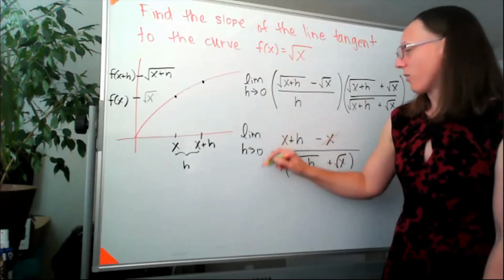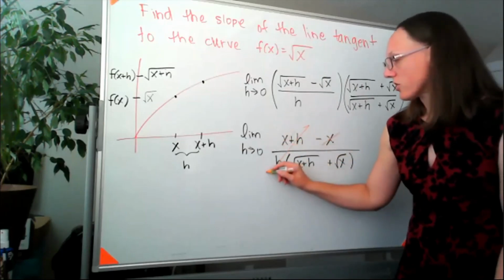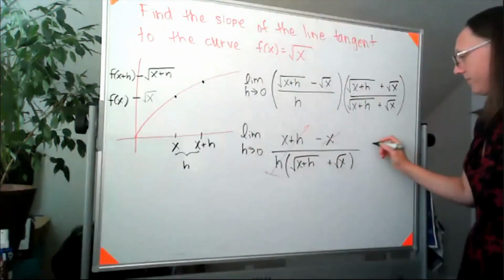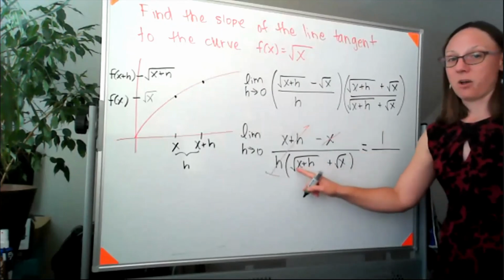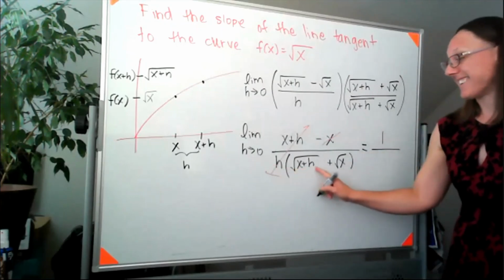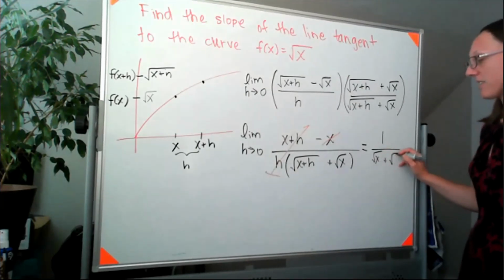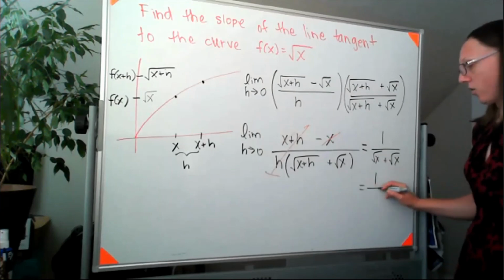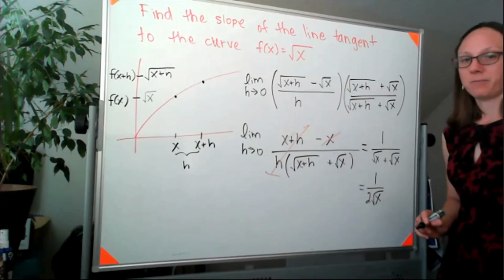These cancel out. I have h over h, which is going to give me a 1. So I have a 1 in the numerator, and in the denominator, I'm ready to plug in 0 for h to get the square root of x plus another square root of x. Or sometimes we write that as 1 over 2 times the square root of x.